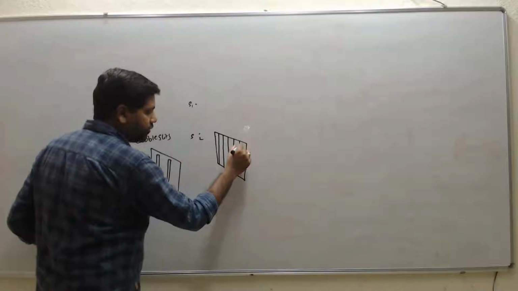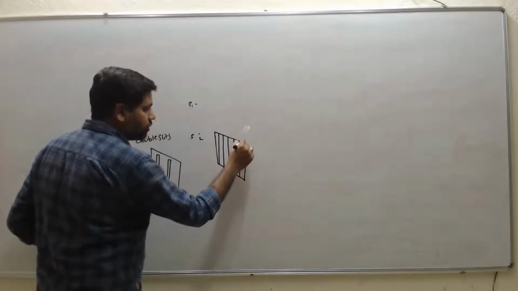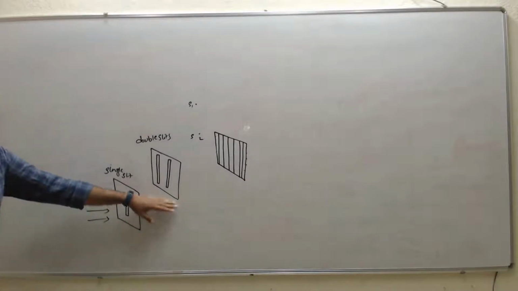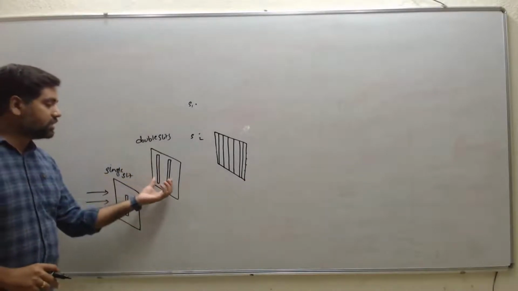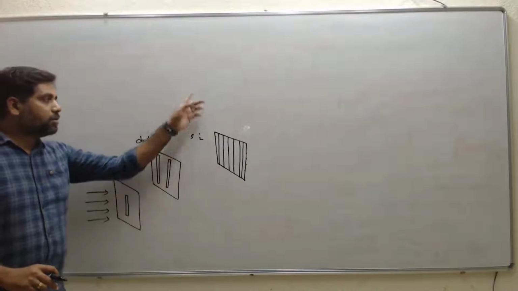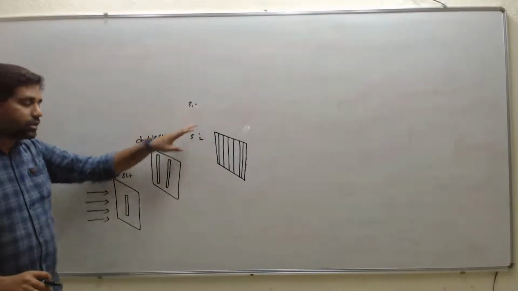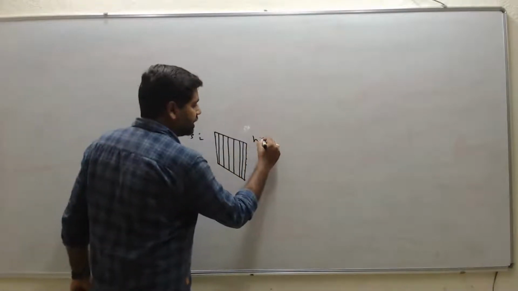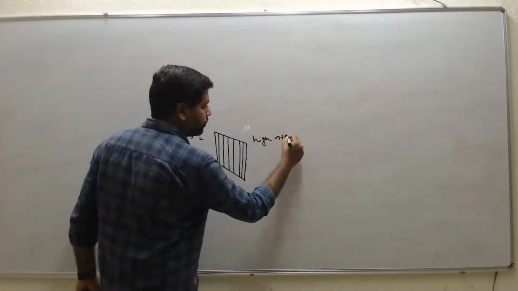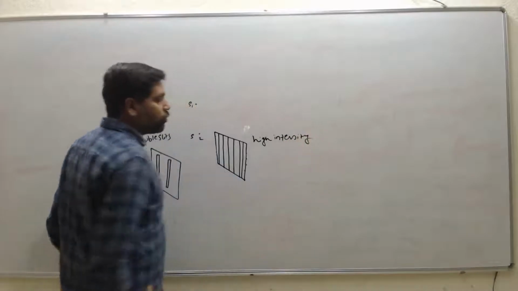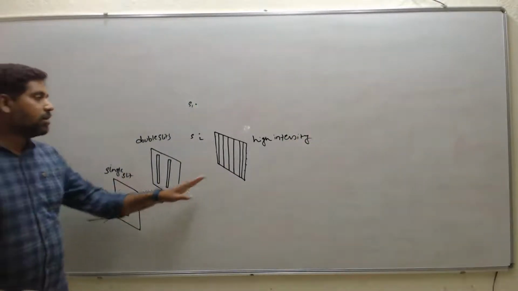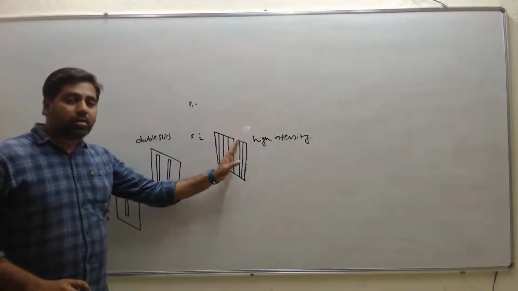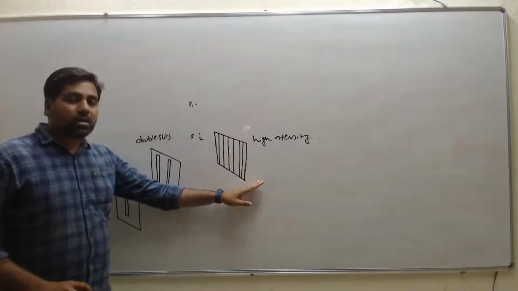So these are the fringes which we get through the slits. If we replace the point sources by slits, then we get fringes with high intensity, with similar patterns of alternating bright and dark fringes on the screen.